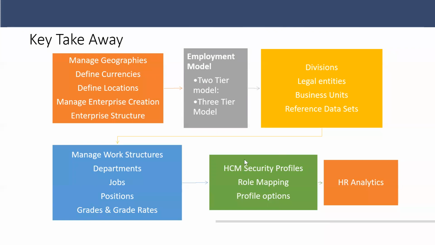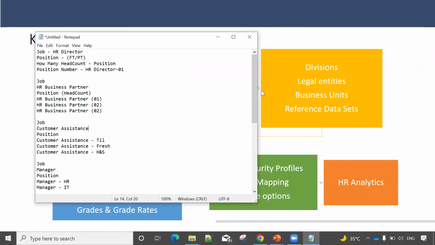And one person was saying that it's a position count itself. No, it's not actually a count. When we are defining a position, it can say how many customer assistant positions we have. That's called head count. It depends on the organization. I will say I want to hire 10 customer assistants for my till.